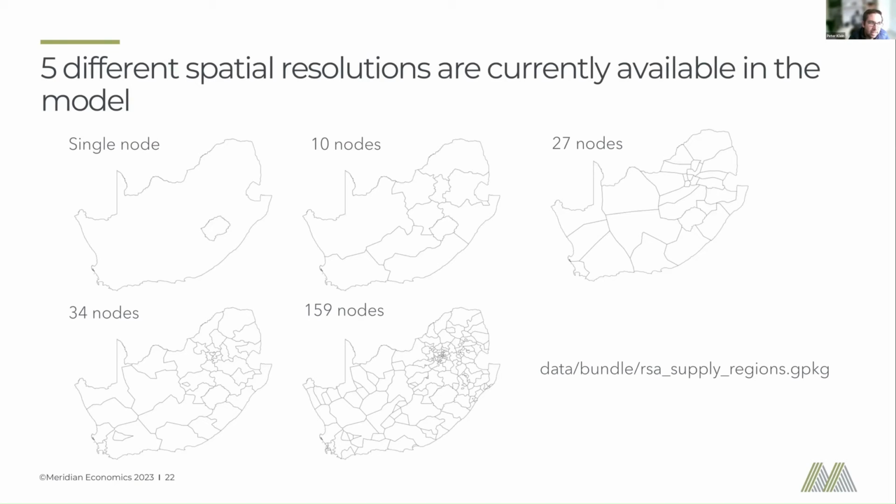But if you want to go further than that, the curve in terms of simulation time just starts increasing exponentially. We think the 10 node model is a good starting point and something we can use in the capacity expansion modeling. And then you can do some more detailed spatial modeling, but probably only for a single year.